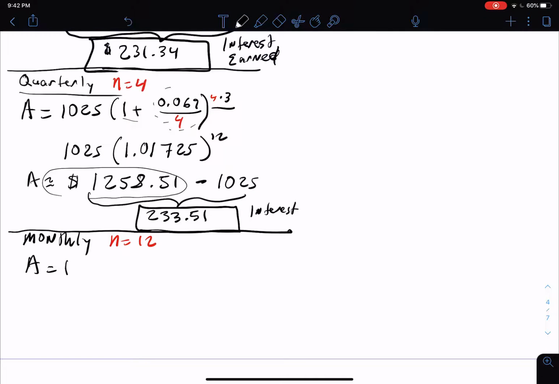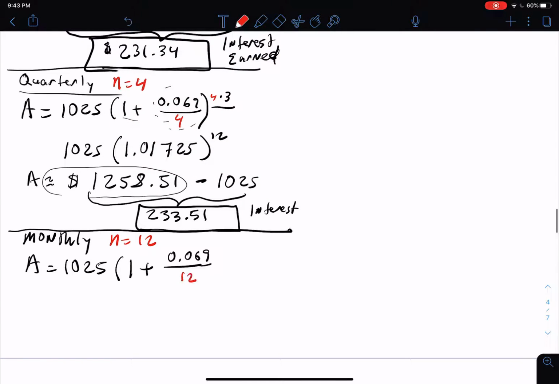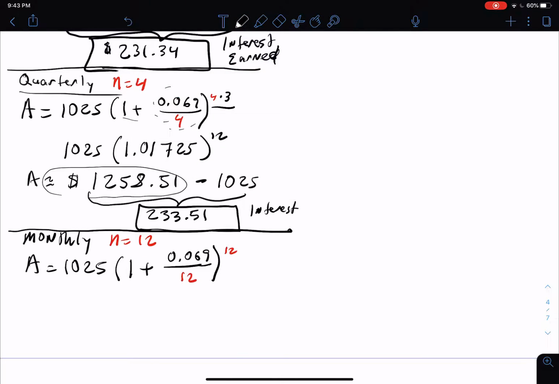So we're starting with $1,025, multiplied by 1 plus our interest rate, 0.069, divided by our compounding periods, which happen to be 12, raised to the 12th power times how many years? 3 years. So what does that look like?